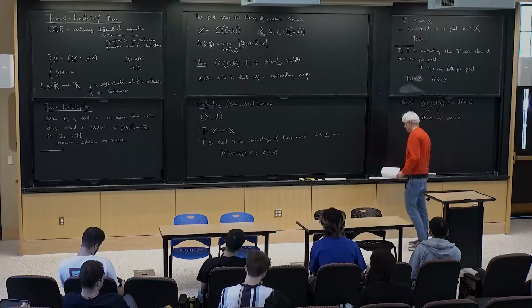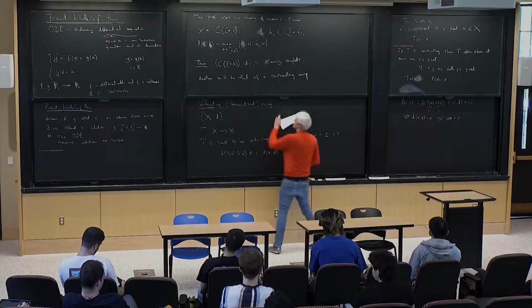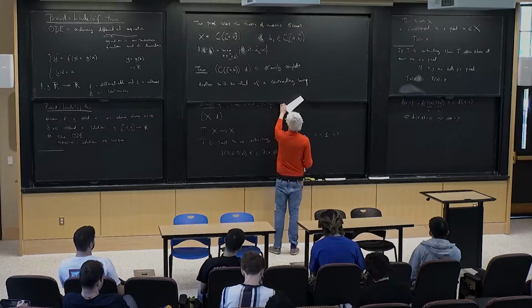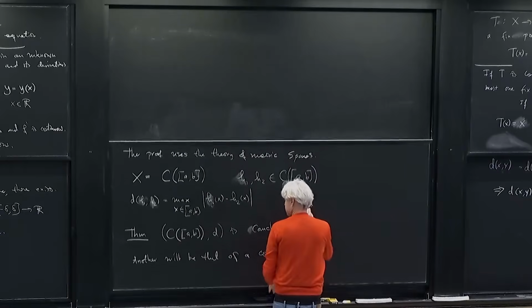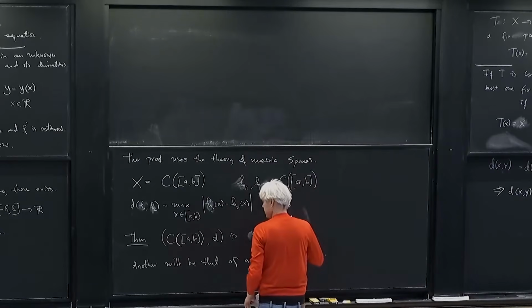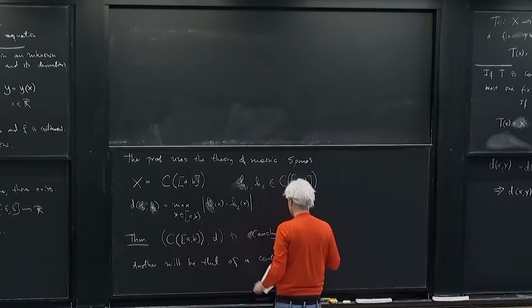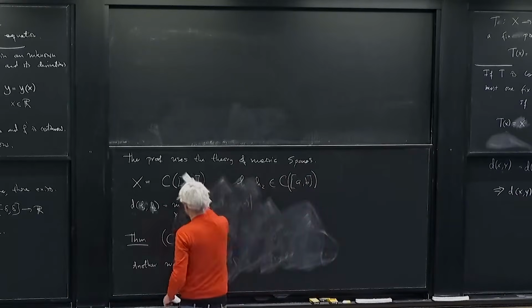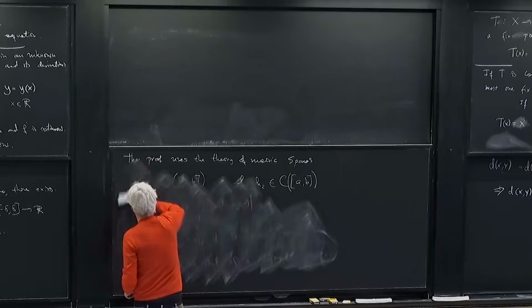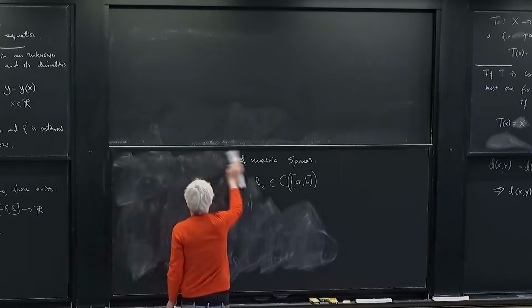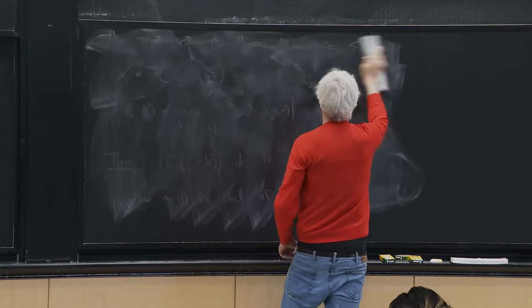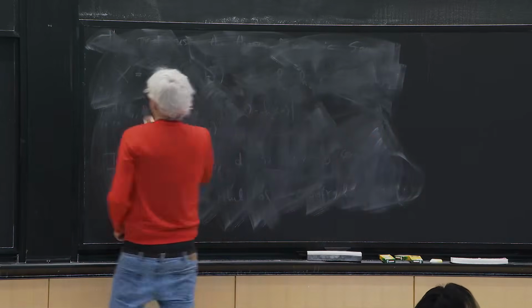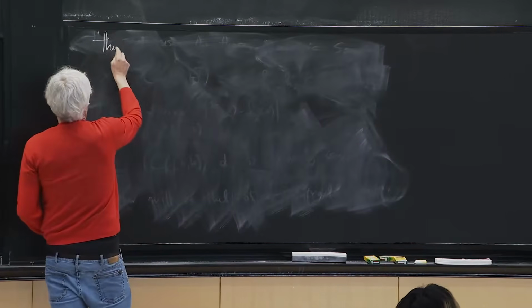Now, the other thing is that if you take a metric space that is Cauchy complete, it could be continuous functions on some closed interval, and that's how we will apply it, but it works more generally. So we have the following theorem.